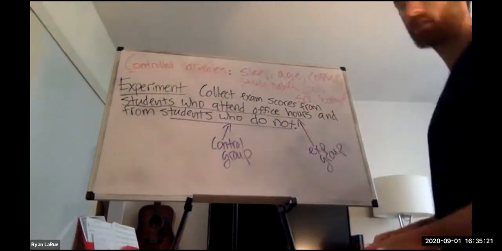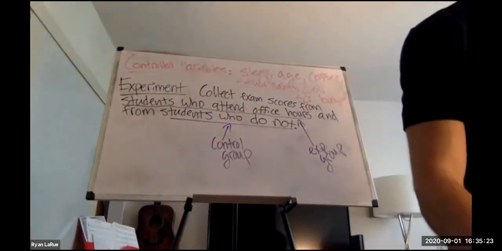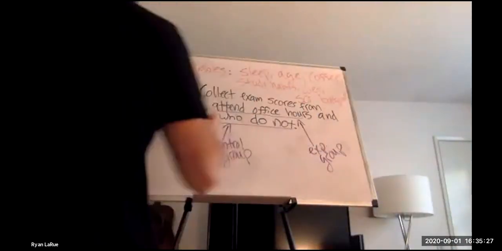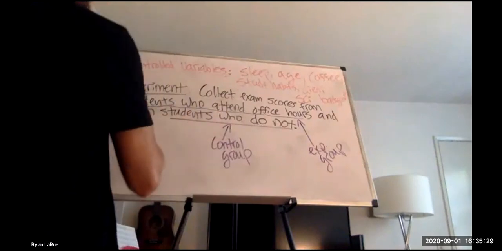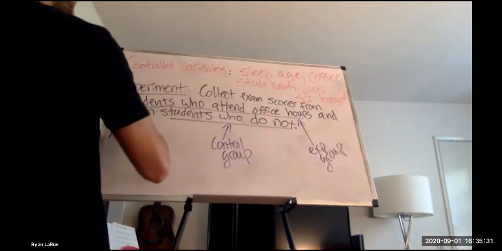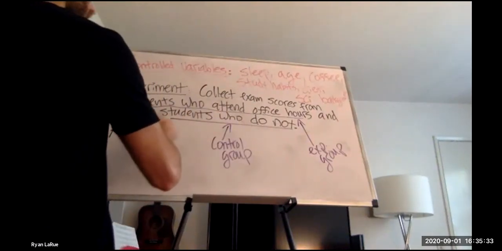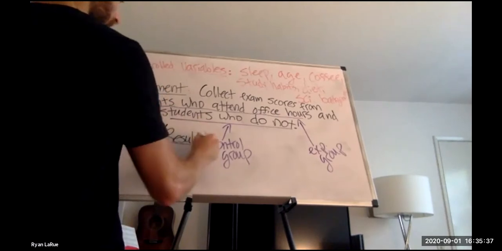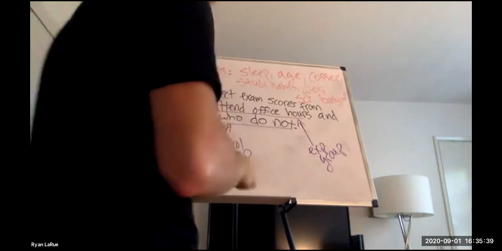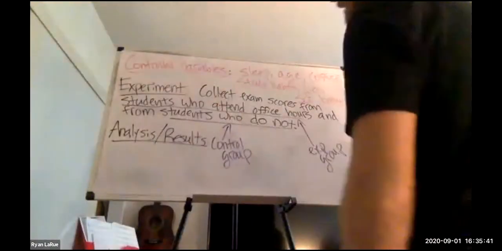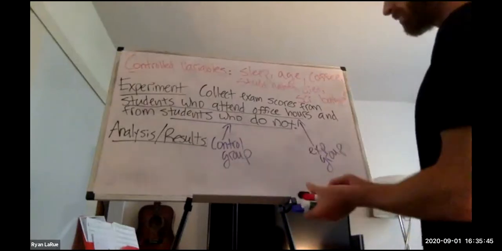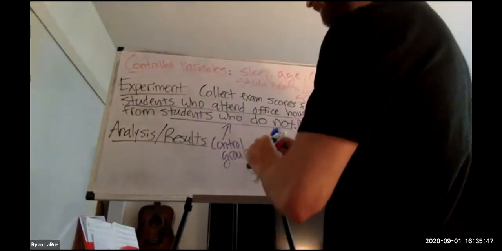Okay, next step in our scientific method, it's our analysis or our results step after we collect our data. So this is the analysis / results. I accidentally got in the way there, so I'm gonna write it down here.